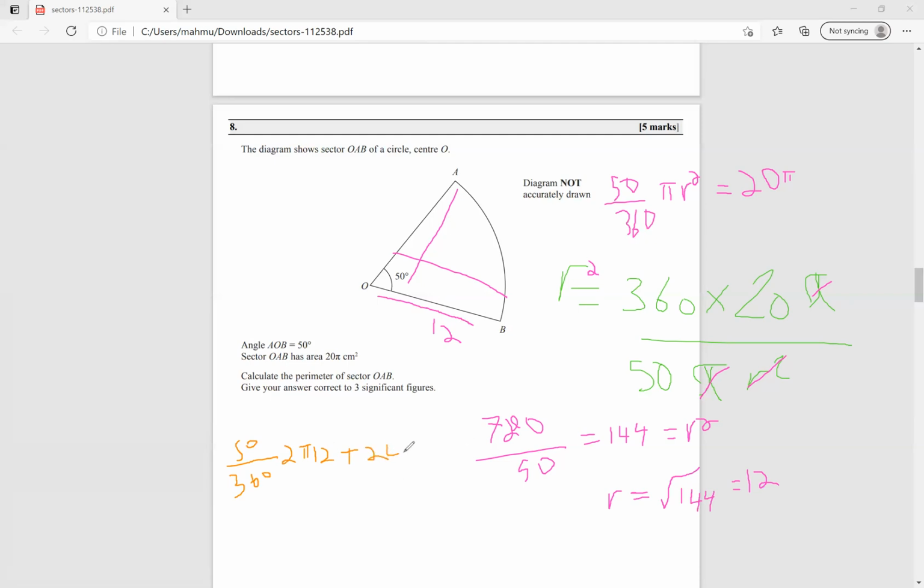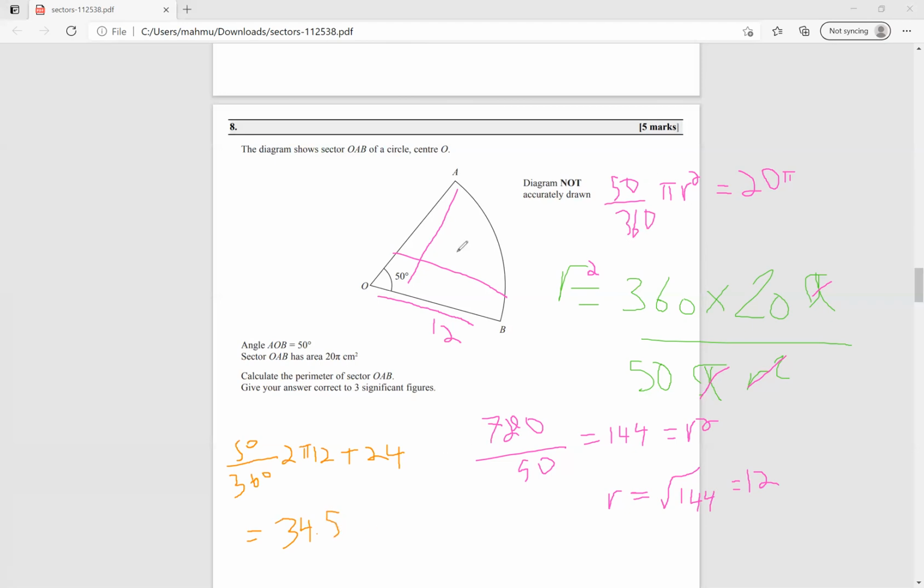And that should be your answer. Let me just quickly do it with my calculator: 50 divided by 360 times 2 pi 12, plus 2 times r. It should be 34.5. So the perimeter of this whole thing is 34.5.